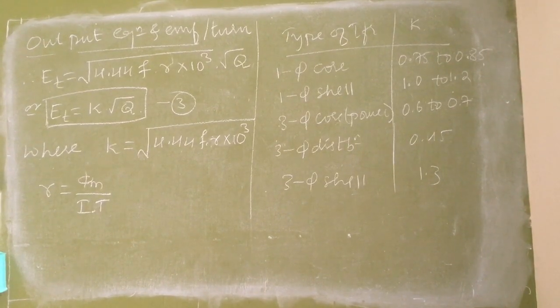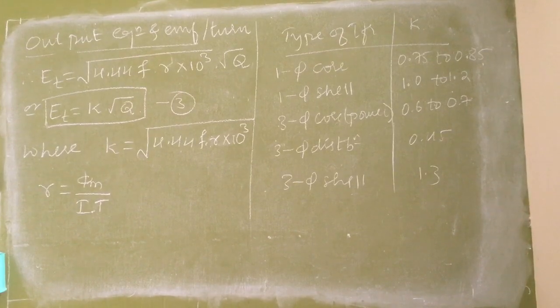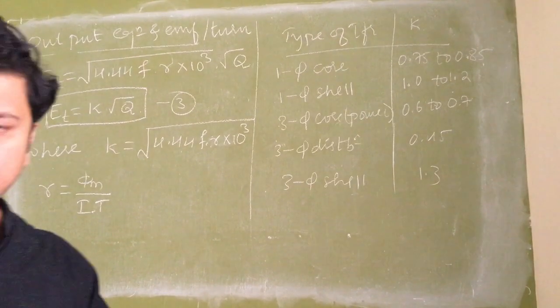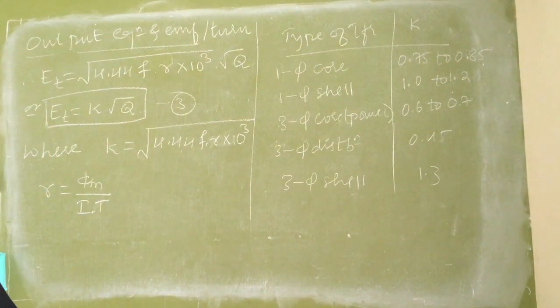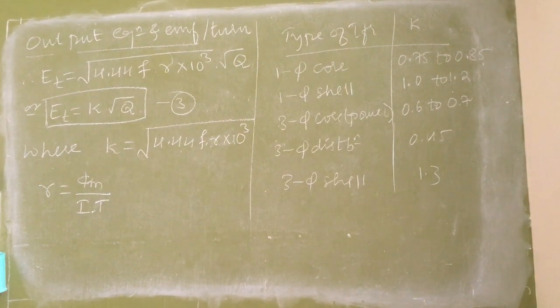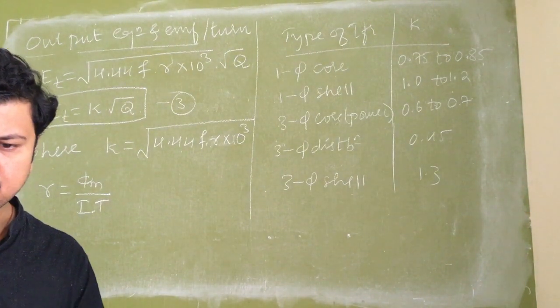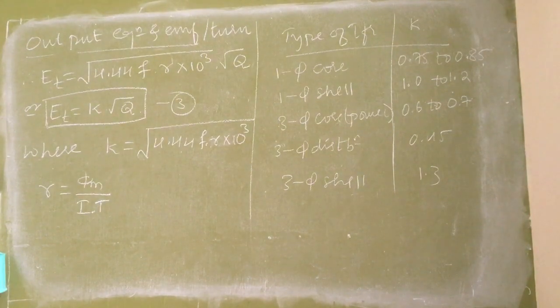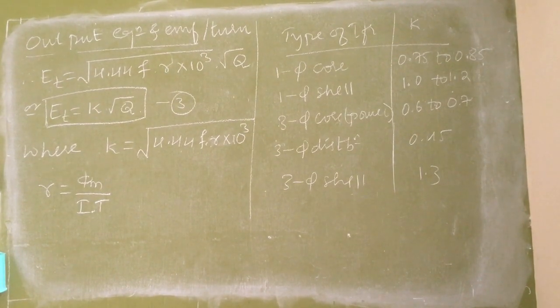Then we have one derivation, the relation between core area and weight of iron and copper. It is there in the notes, on page number 6, chapter 3. I will leave that derivation for you as an assignment.